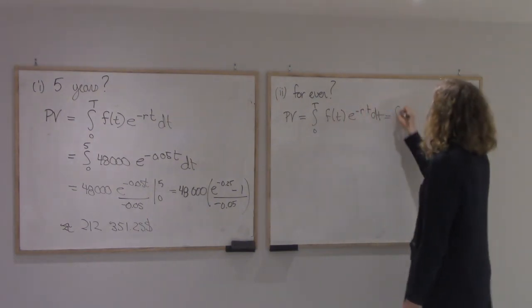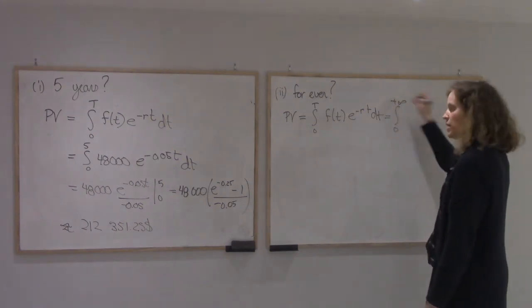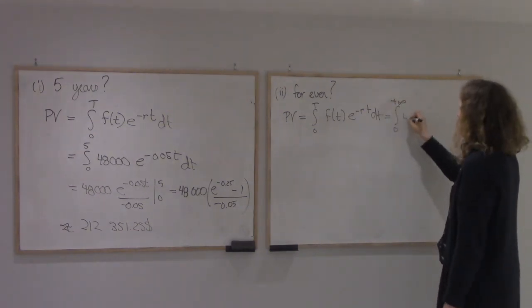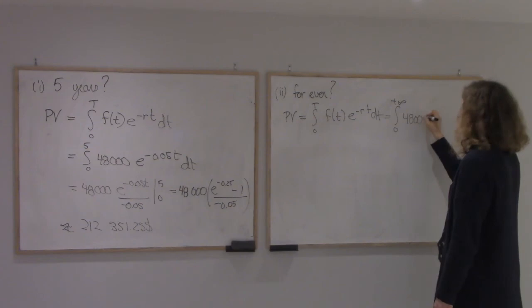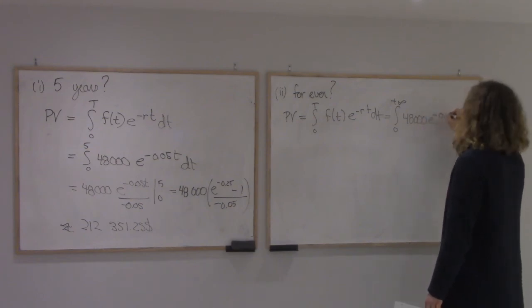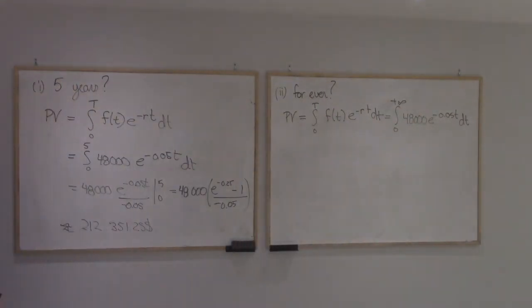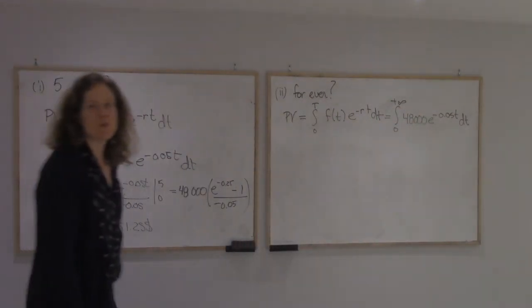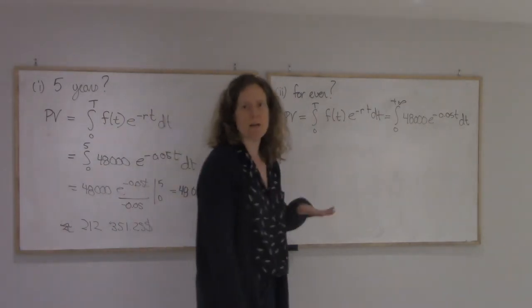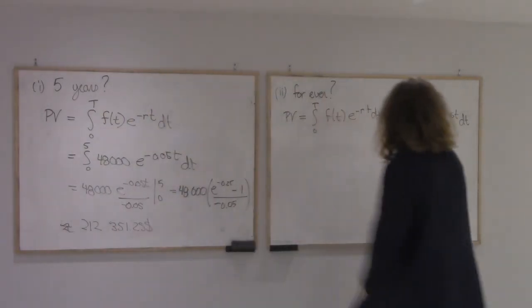But now this T is plus infinity. It never will stop. So that would mean he would pick up $4,000 of rent for the rest of time.